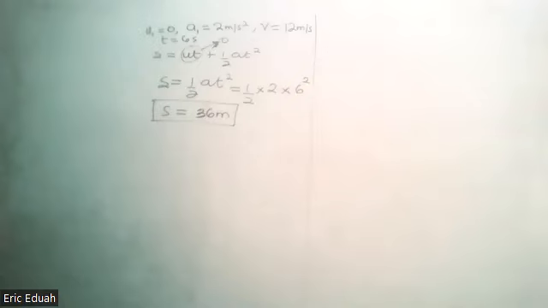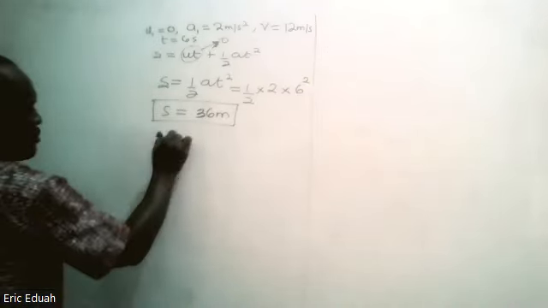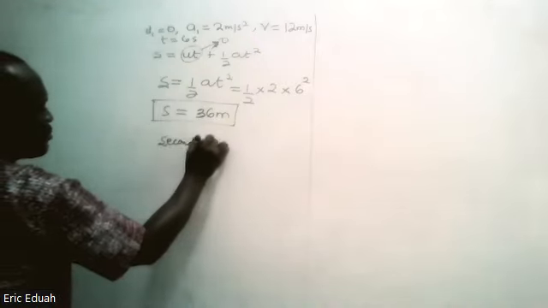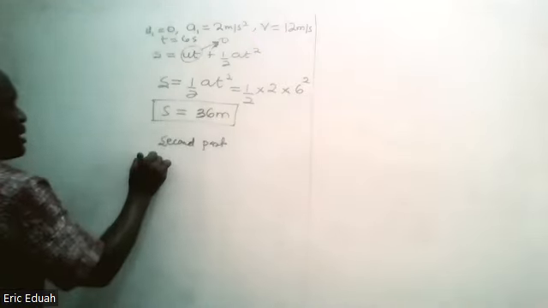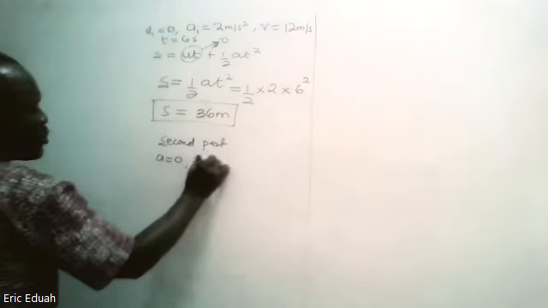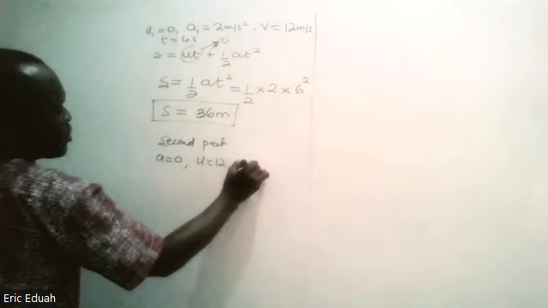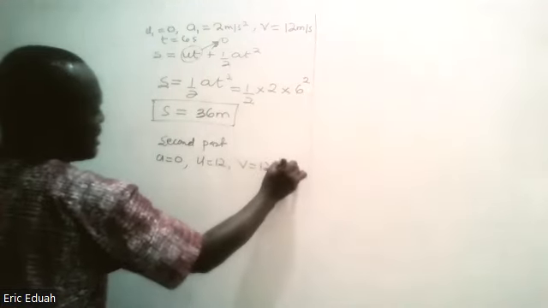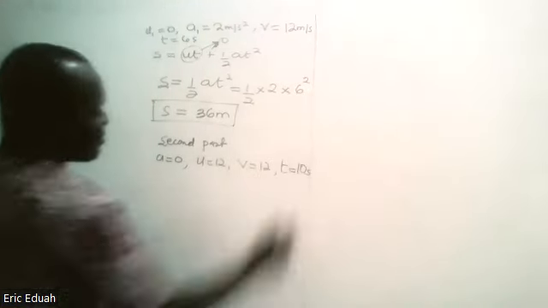Let's look at the distance during the second part of the motion. In the second part, a is 0, u is 12, v is also 12, and t is 10.